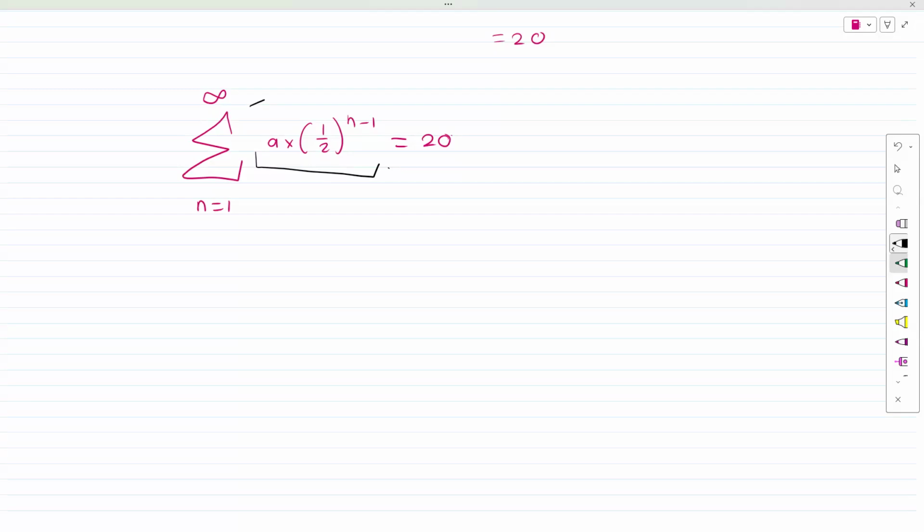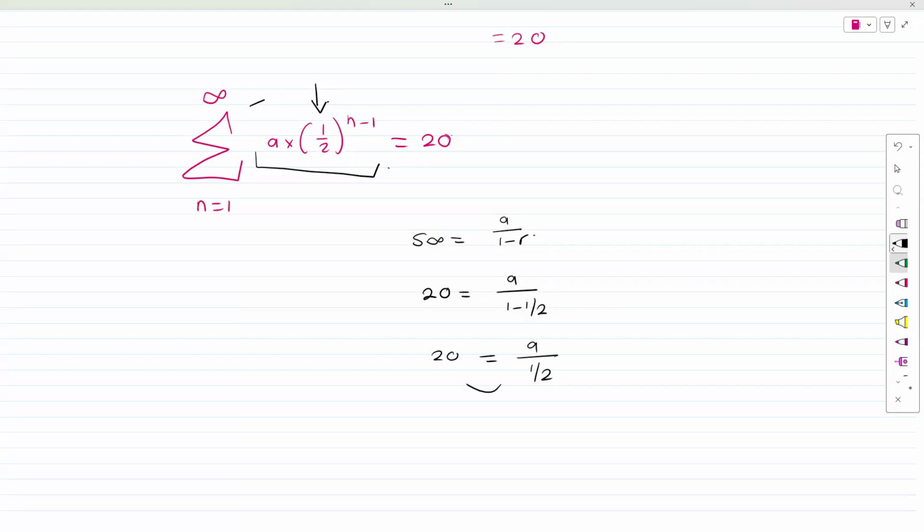Now, it is difficult at the start, but the fact that I know this is sum to infinity, I can go sum to infinity equals a over 1 minus r. I know my sum to infinity equals 20. In this question, I can see that r is most likely half, so 1 minus half. And you can solve for this quite simply.